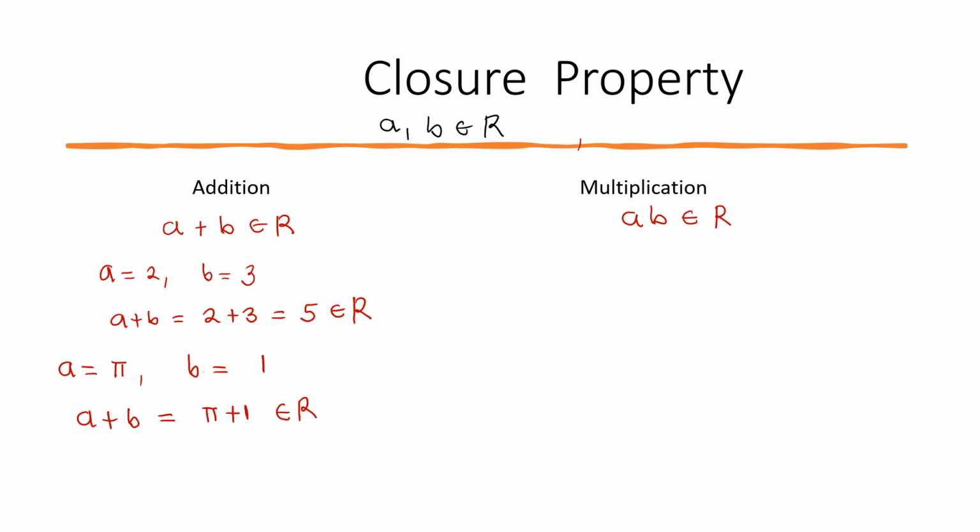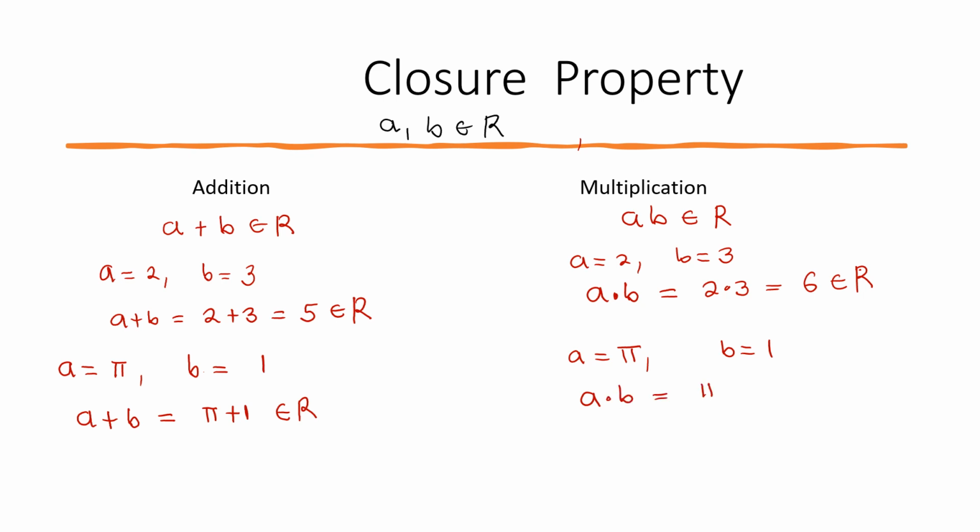For example, with A equal to 2 and B equal to 3, A times B is 2 times 3, which gives us 6, and 6 is still a real number. Maintaining A as pi and B as 1, A times B is pi times 1, which is still pi, a real number.